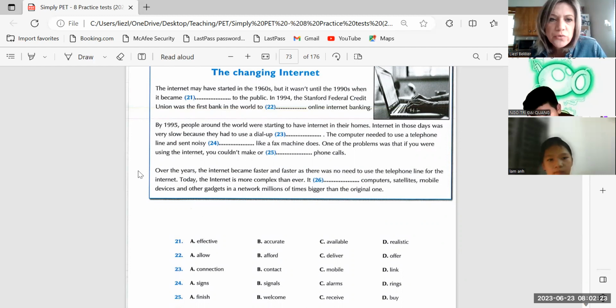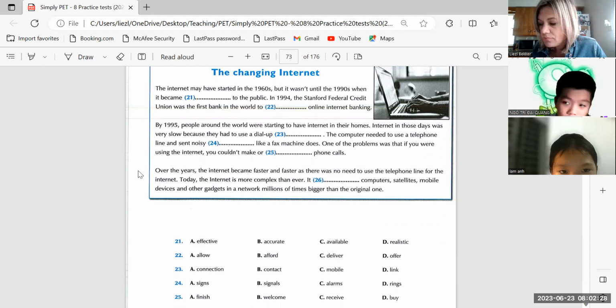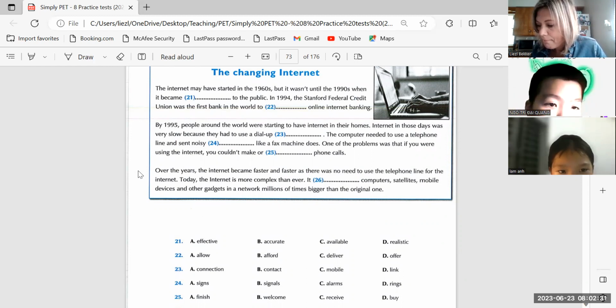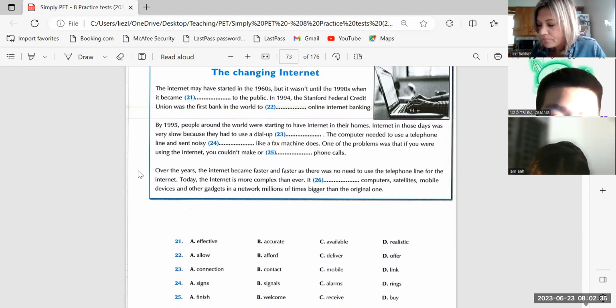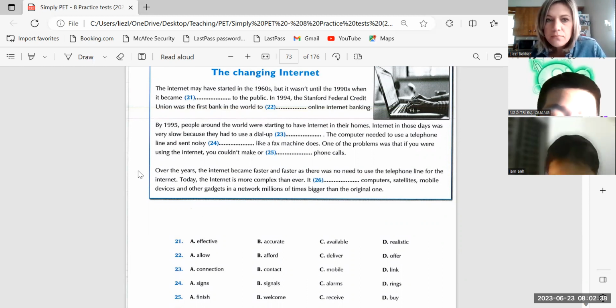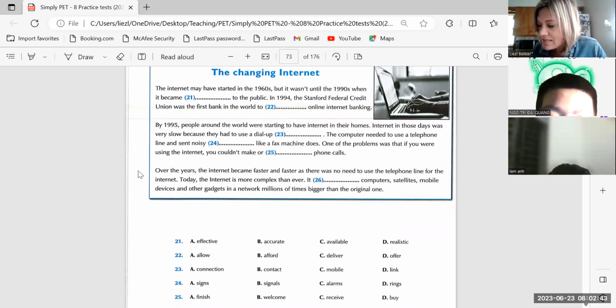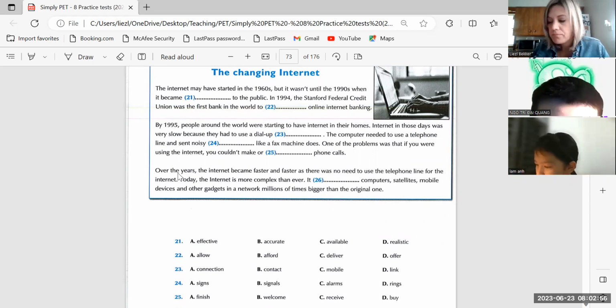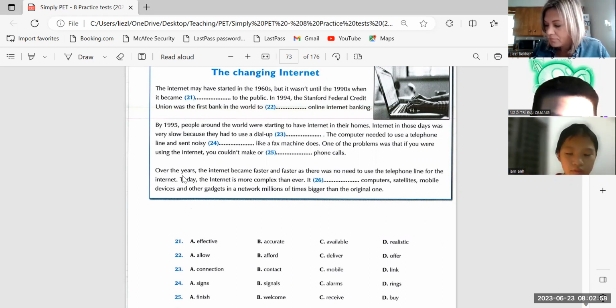Dai Quang, you can do number 21 and number 22. The internet may have started in the 1960s, but it wasn't until the 1990s when it became available to the public.